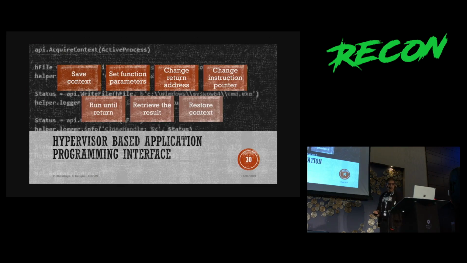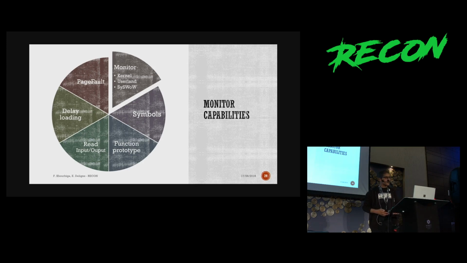But to have all these capabilities, we had to do a lot of introspection and understand how Windows manages each kind of subsystem or space, like kernel, userland, but also the Windows on Windows subsystem. All the translation of symbols is performed using DbgHelp, but I will speak about it later.